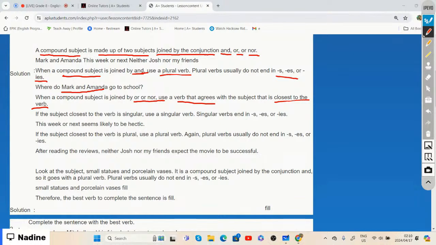If the subject closest to the verb is singular, then we use a singular verb. And singular verbs end in s, es, or ies. An example of that is, this week or next seems likely to be hectic.